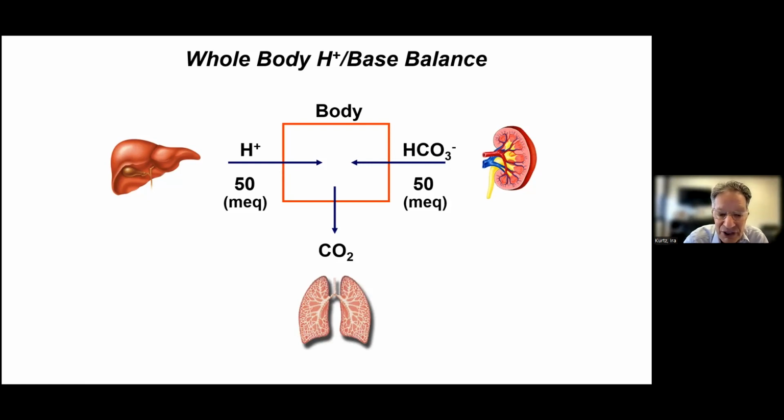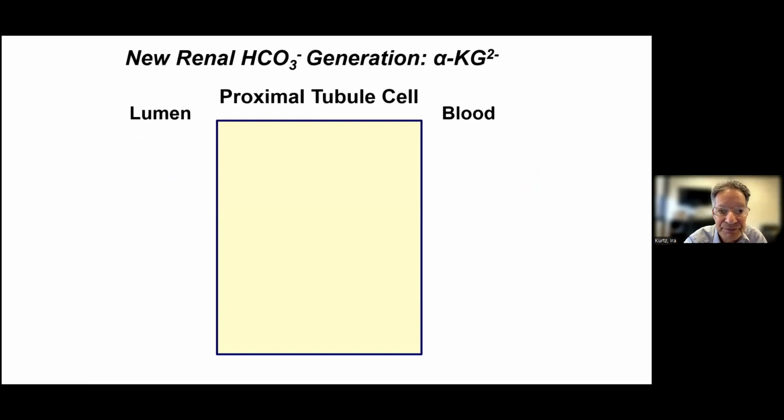It has nothing to do with anything other than the fact that the kidney is unable to generate sufficient new bicarbonate to match the daily hepatic proton load. If someone asks you, why does this patient have metabolic acidosis when they have CKD, your answer should be the kidney cannot generate sufficient new bicarbonate to match the protons produced from the patient's diet.